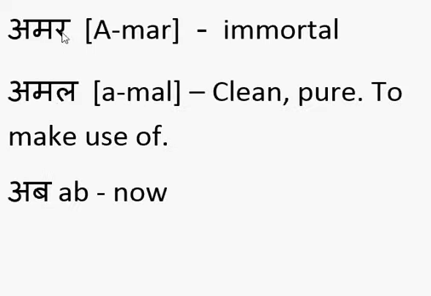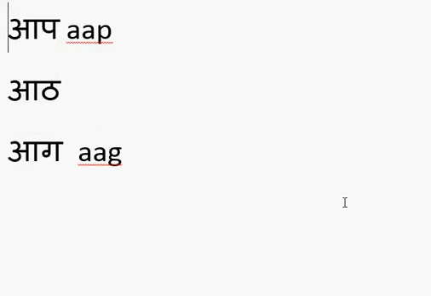So let's review thus far. What have we done so far? We have seen words that start with the first vowel a: Amar, Amal, and Aap. This is a short a that's inherent in all the consonants. Ka, kha, ga, gha. You see the a sound is there. We also covered words that start with the long vowel a: Aap, and this one is Aat, this one is Aag.